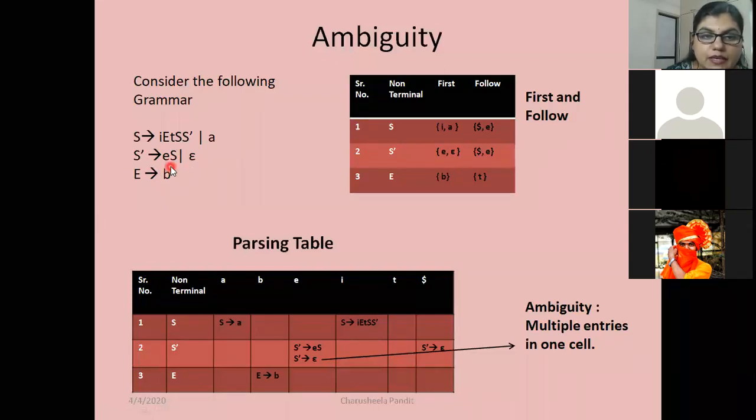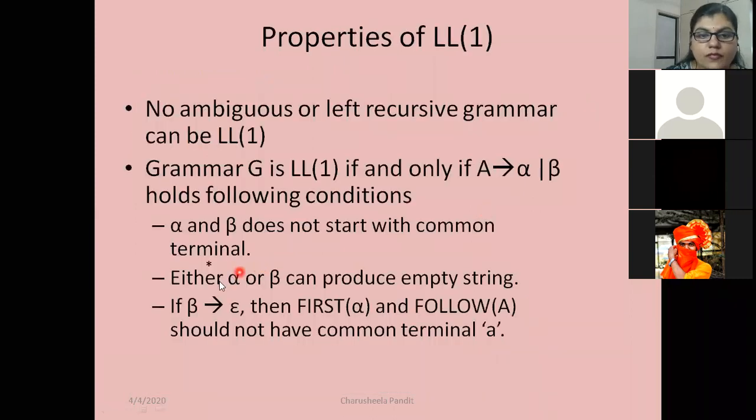In this case, your alpha is ES and beta is epsilon. So either alpha or beta can be epsilon, but if that is the case, the first and follow of S dash should not share a common symbol, the way it is here, E and E. If beta produces epsilon, then first of alpha and follow of A should not have a common terminal a. This is what is the meaning.